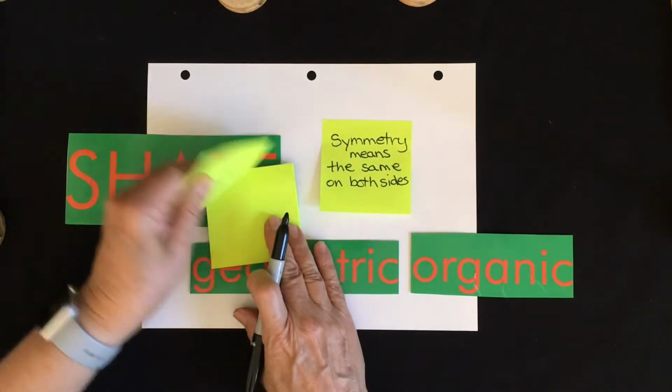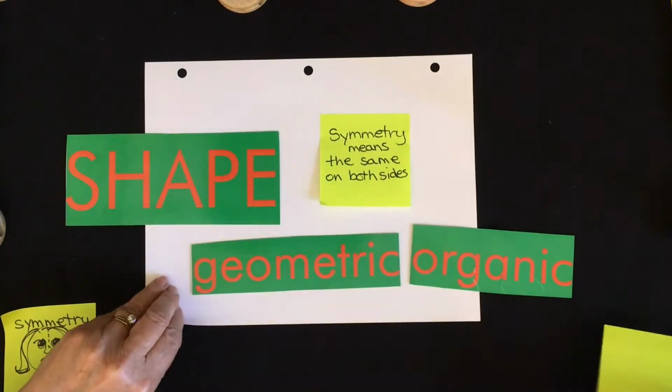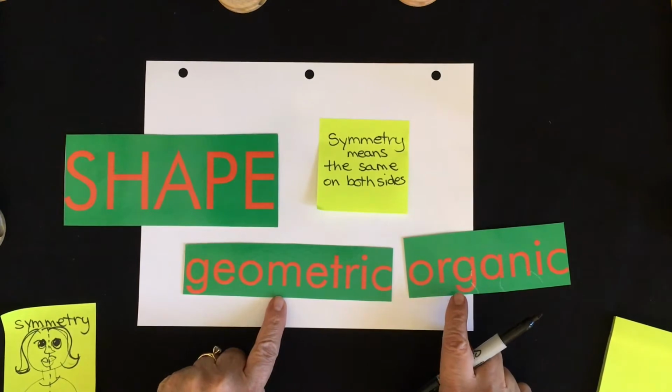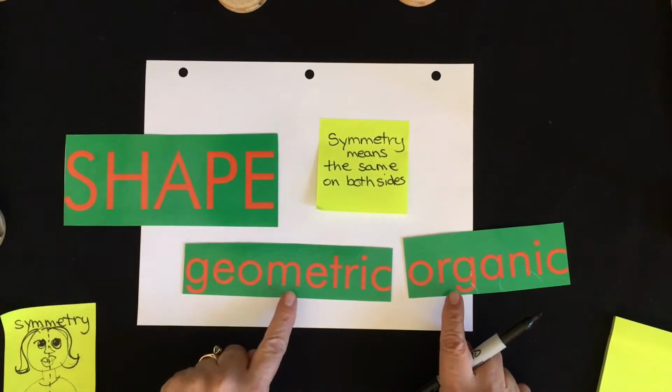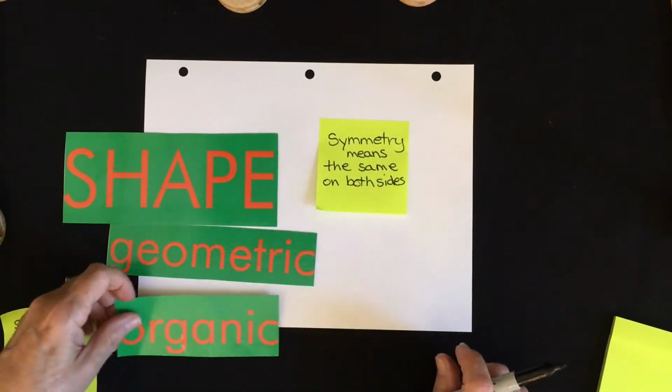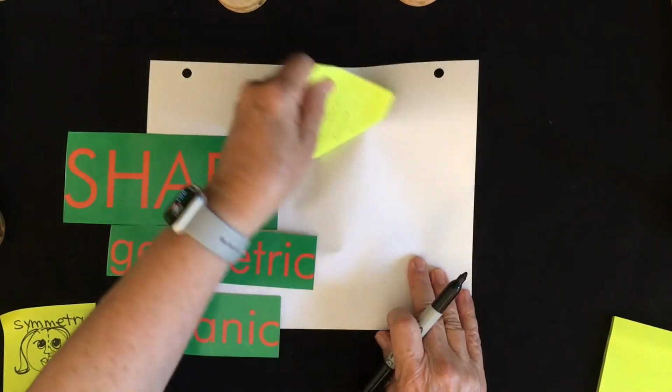Now we are going to make a butterfly, and I'm going to lead you through the steps. Remember these two important words for shape: geometric shapes and organic shapes. Let's talk about what geometric shapes are.